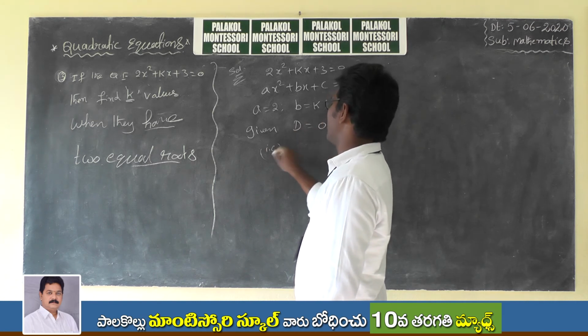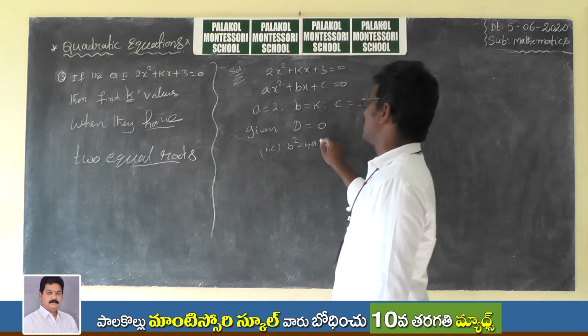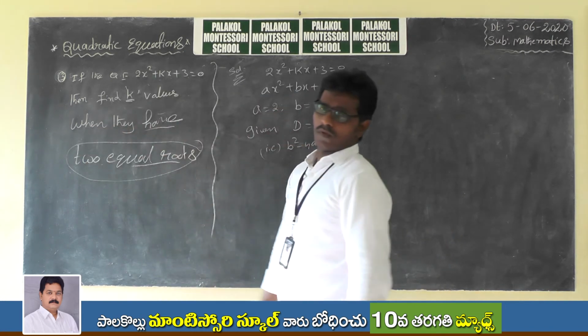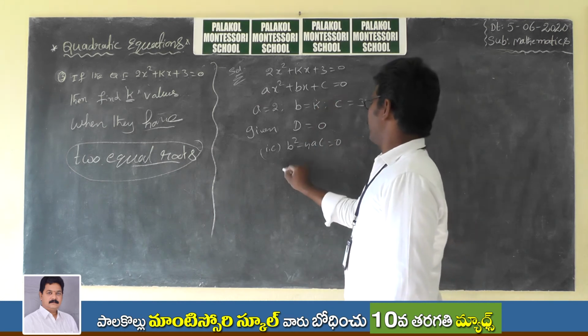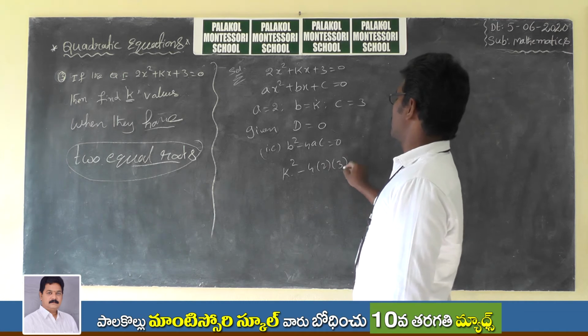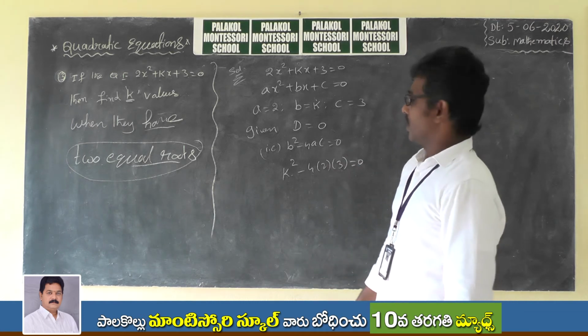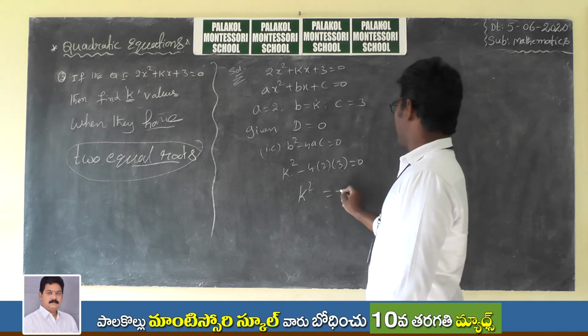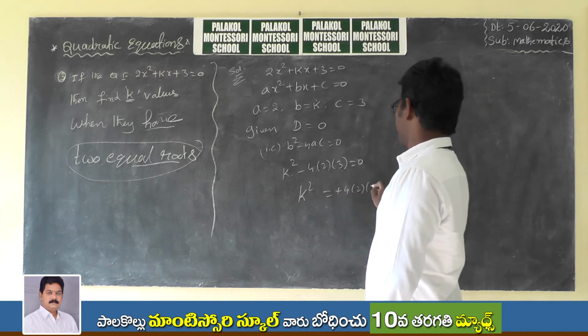That means b square minus 4ac is equal to 0. So in place of b you get k square minus 4 of 2 of 3 is equal to 0.